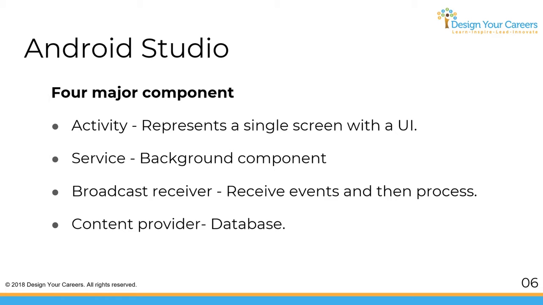For example, if you want to do 1 plus 2, the 1 plus 2 interface would be the activity, and in the background it computes 1 plus 2 is equal to 3, and it has to display in front, which would go to the activity. Then we have the broadcast receiver. This will receive whatever event, and then it processes things. And the last would be the content provider, which is the database.